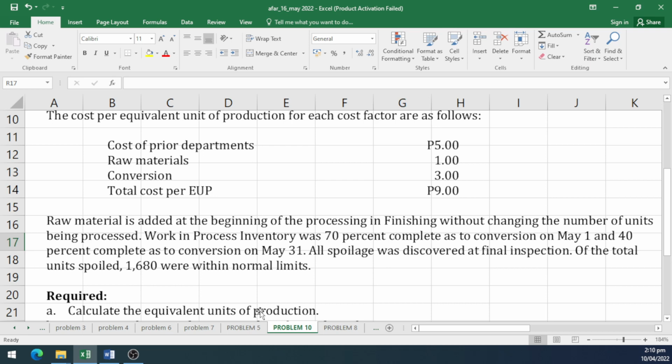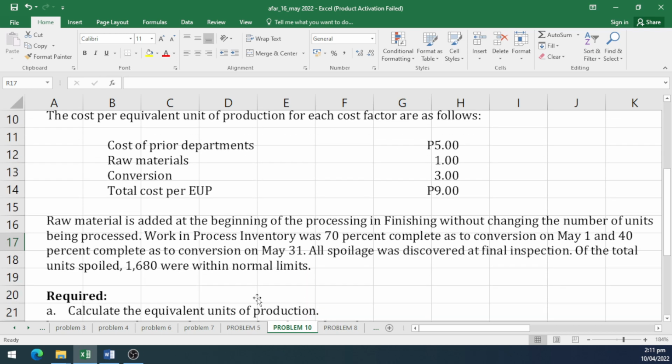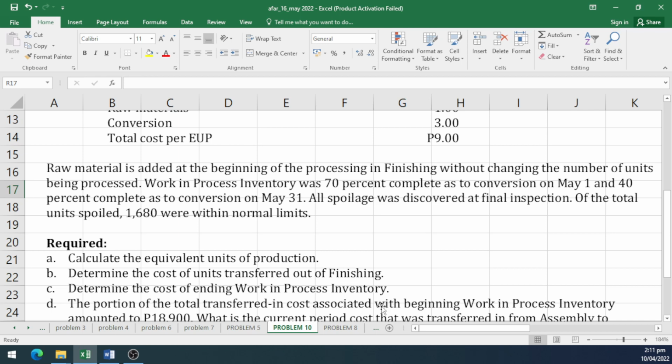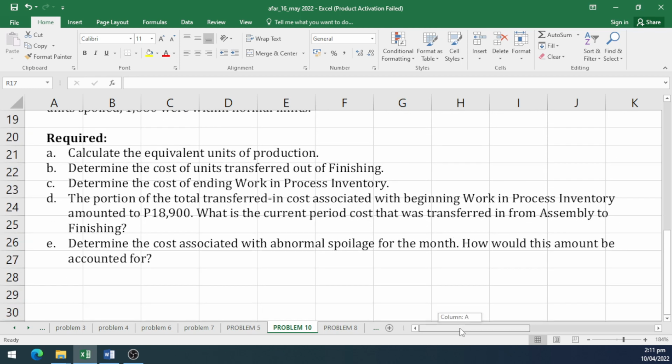So, yung 2,100 minus 1,680, yun ay abnormal spoilage po. Okay? So, we calculate EUP and we determine the cost of units transferred out. We determine the cost of work in process end. We determine the cost of the abnormal spoilage and how to account for that.